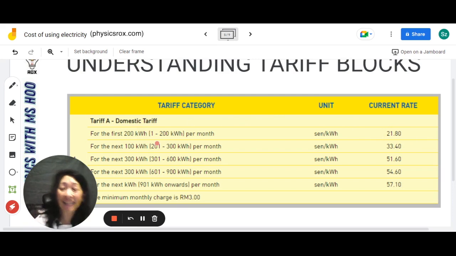Now, if you exceed 200, the next 100 will be calculated at the next rate. And if you go even higher, then of course, higher values. So this is actually to discourage the use of electricity at a very high rate. So the less you use, the cheaper it will be.